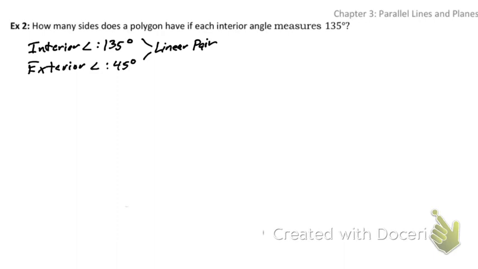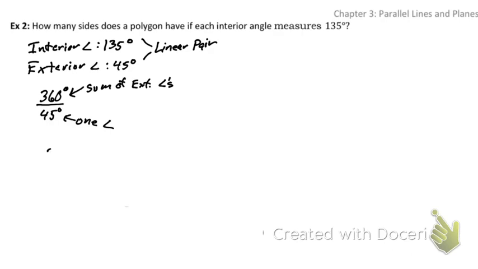In other words, all you have to do is 360 degrees, which is your sum of exterior angles, divided by 45 degrees, which is one angle, that's going to equal how many angles you have.